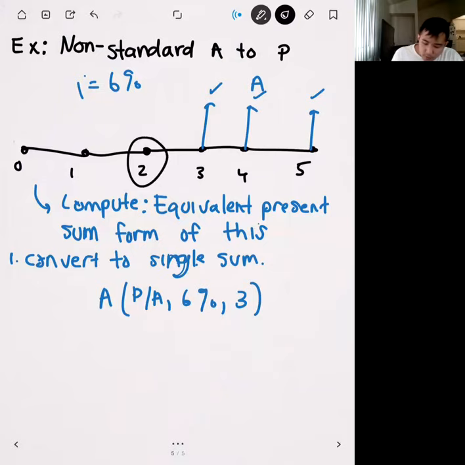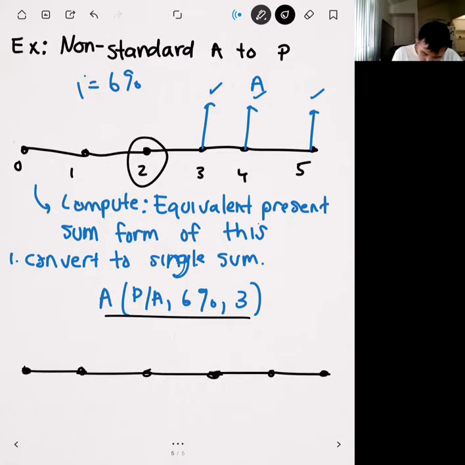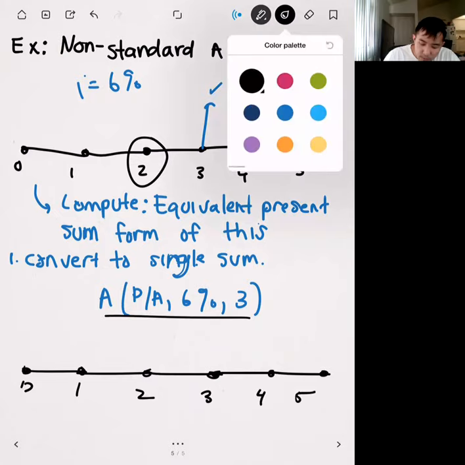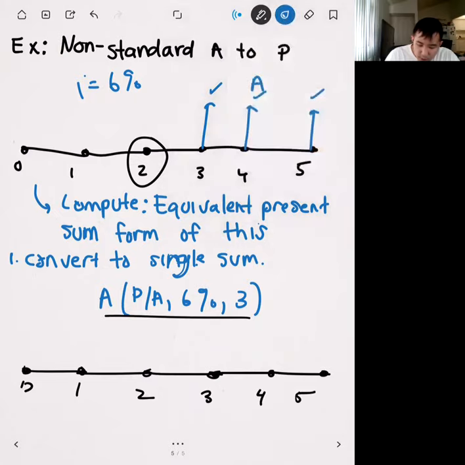Okay. And so if we apply this conversion here and we draw the new cash flow diagram for this, after we multiply by this P over A 6% 3, all of these recurring cash flows in years 3, 4, and 5 become a single cash flow in year 2.